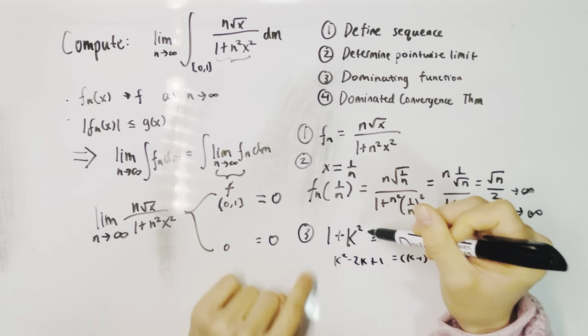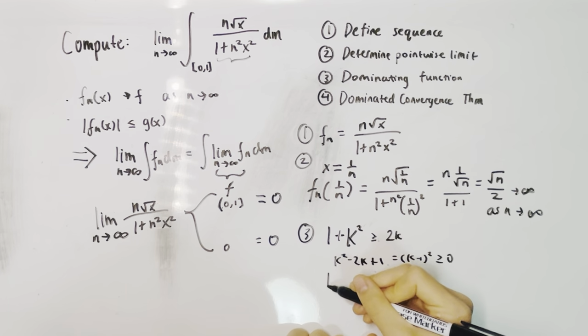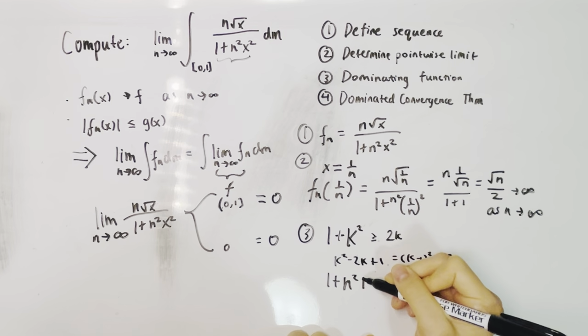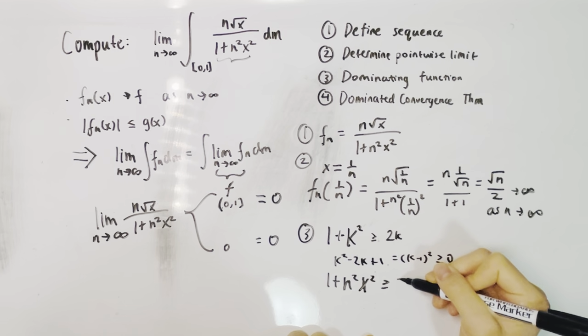And substituting nx for k, we get 1 plus n squared x squared is greater than or equal to 2nx.